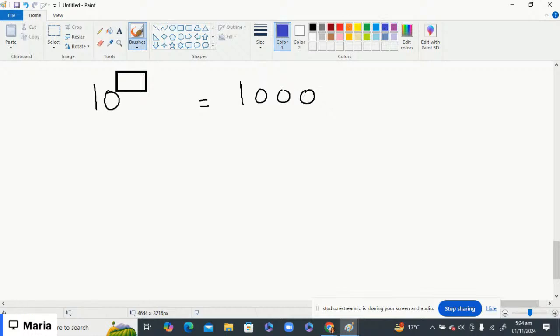So how can we solve? As we know, first we see 10 times 10, then 10 times 10 times 10, multiplying 2 tens firstly, then multiplying 3 tens. When you multiply 2 tens, what is the answer? That is 100. When you multiply 3 tens, you get the answer 1000.